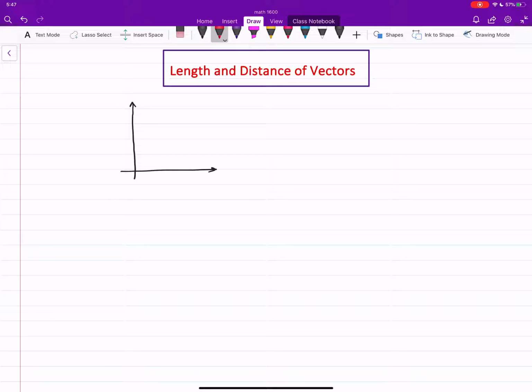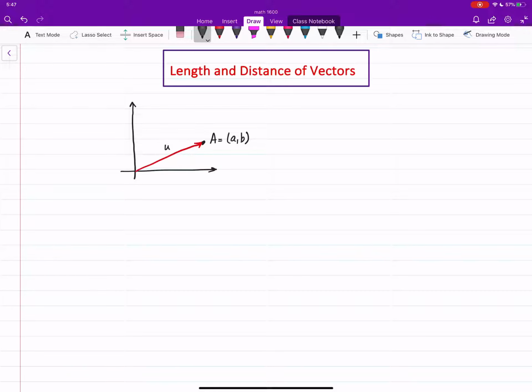Okay, so let's see what happens in the case of R2. If I have a vector in R2 and I put it in the standard position, meaning its tail is at the origin, then the head of this vector, the point, will have the same coordinates as the components of the vector.